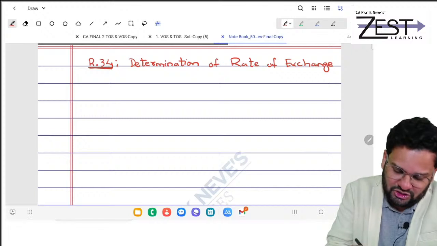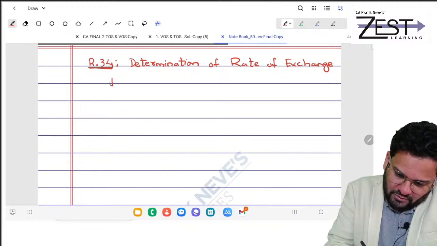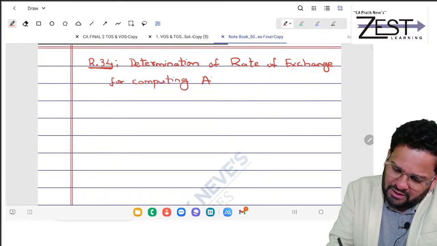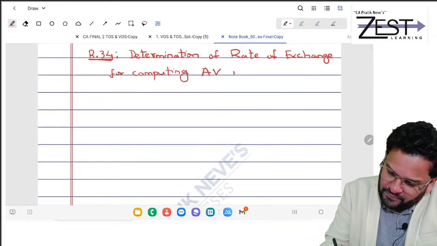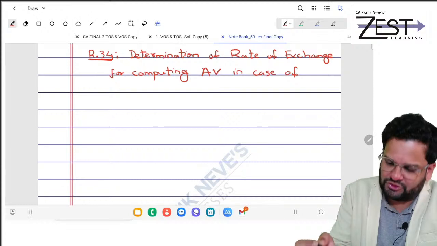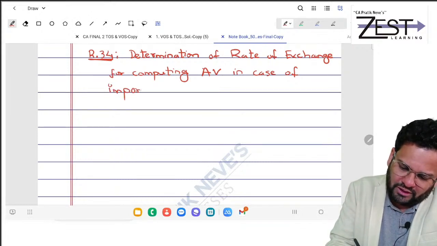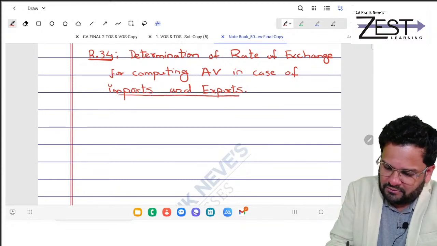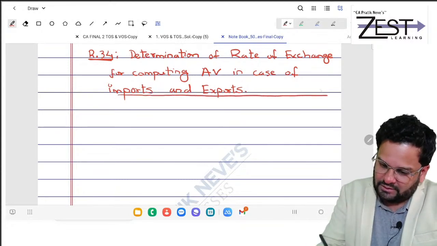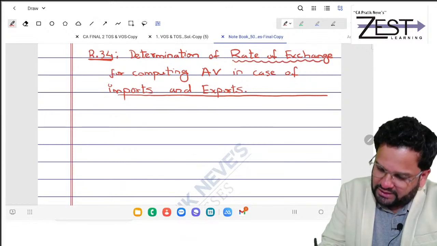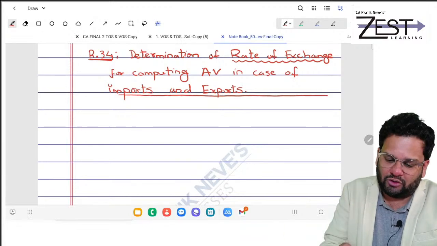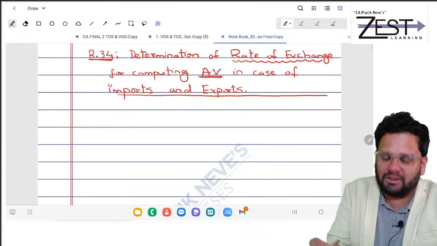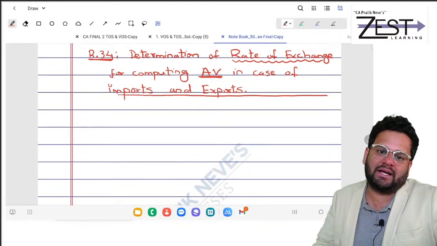Rate of exchange, for computing accessible value, in case of imports and exports. Is it clear to all of you what we are trying to say? How will you determine rate of exchange for computing accessible value in case of imports and exports?